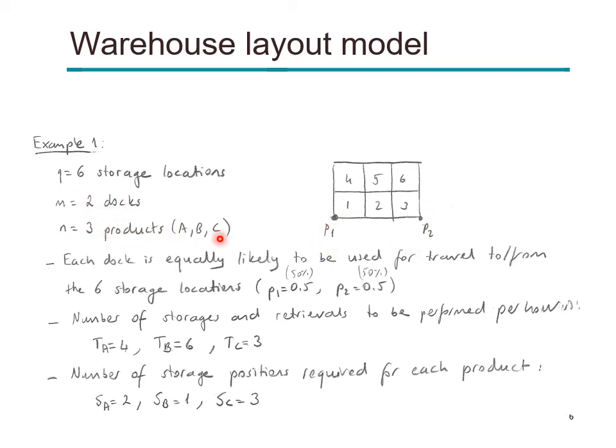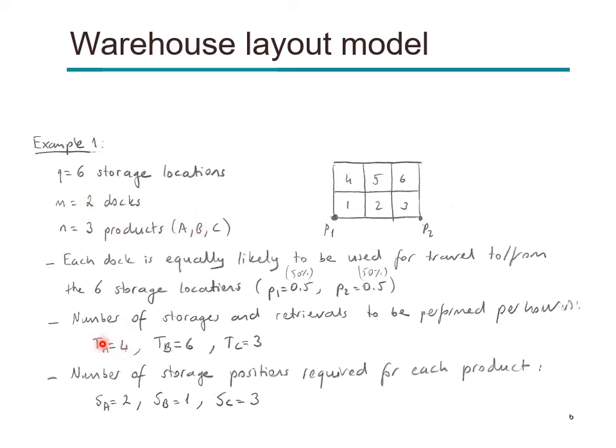We are going to assign 3 products to these 6 slots. And it's said that each dock is equally likely to be used for travel to and from these storage locations. So equally likely means that 50% of the time we are using P1 and 50% of the time we are using P2.